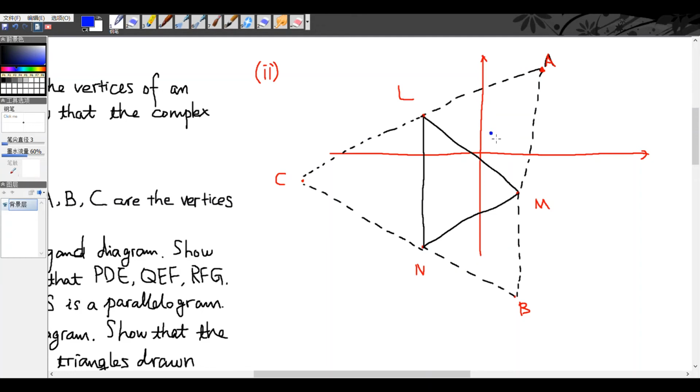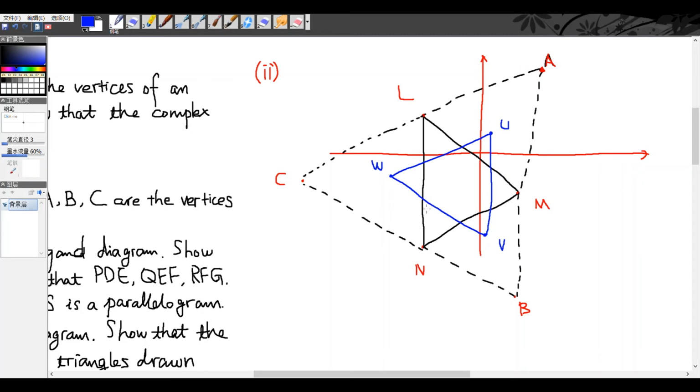So here is my U, and here is my V, the centroids of this equilateral triangle, and here is my W. And the question is asking us to prove that this triangle is equilateral. It looks equilateral, isn't it? So this might be equilateral.